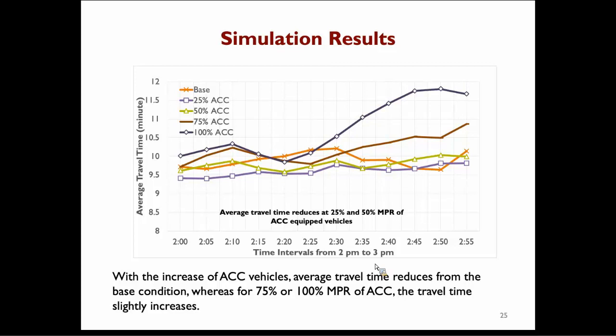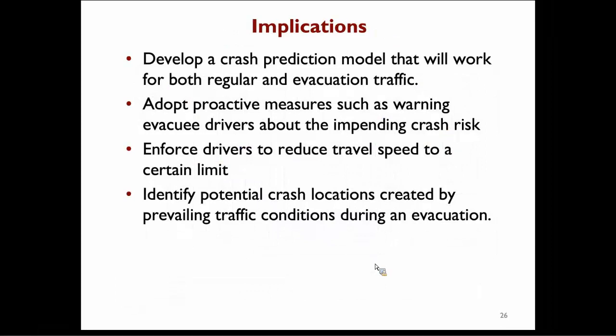And what we have identified is that our results can have some implications. So I would like to discuss some of the implications of these results. For example, we can develop some crash prediction model. We have been developing crash prediction models in real time that can work in the regular period, but our result indicates that we can actually do this in the evacuation period, which could be a significant impact for the evacuees.